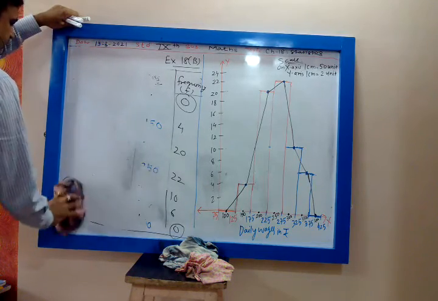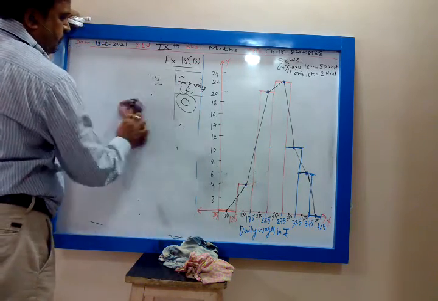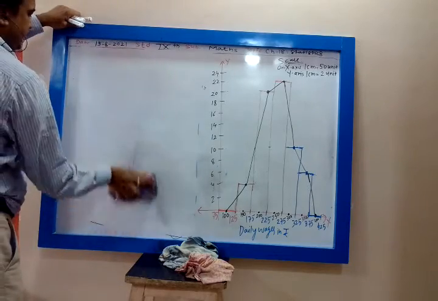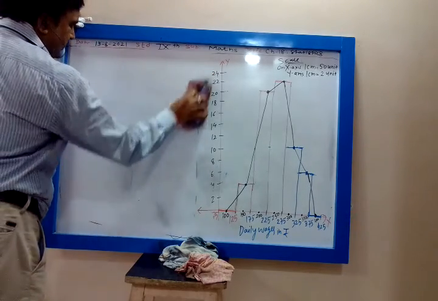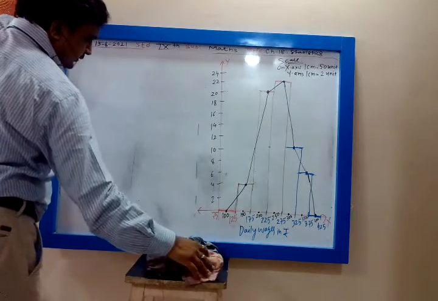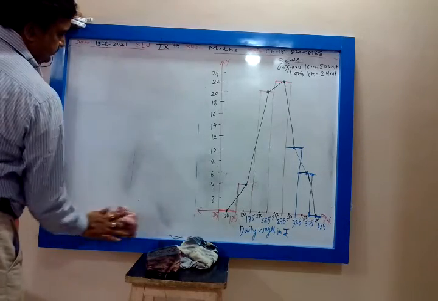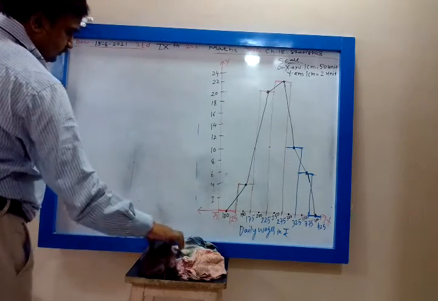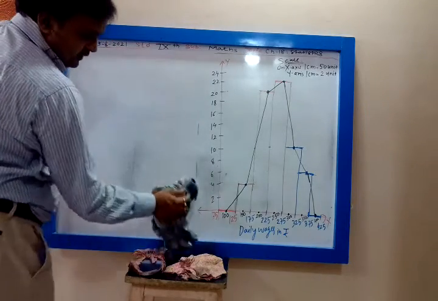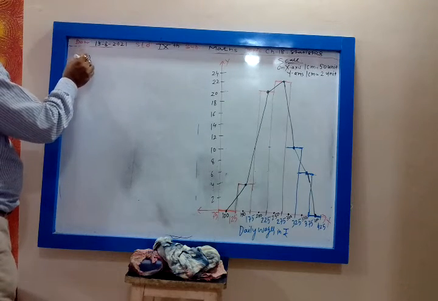Draw the frequency polygon, fifth one, first.